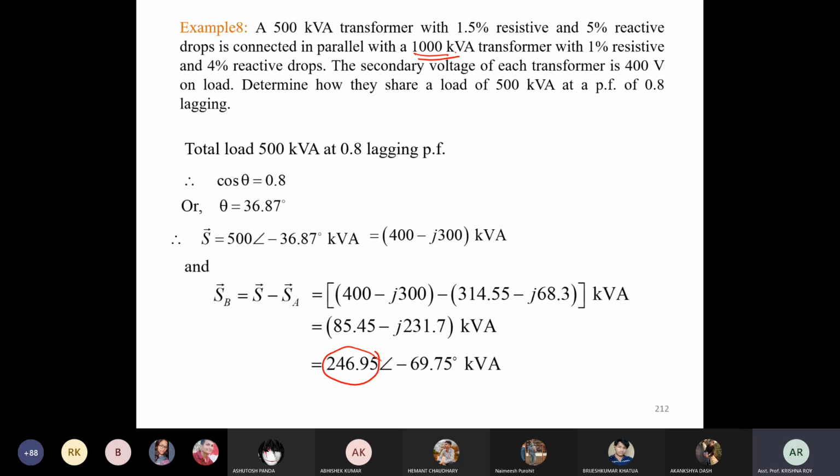So that means with this type of resistive and reactive or leakage impedance, we are not able to use the kVA capacity of the two transformers properly. If we increase the load, then this 500 kVA transformer will get overloaded before we reach the capacity of transformer B.